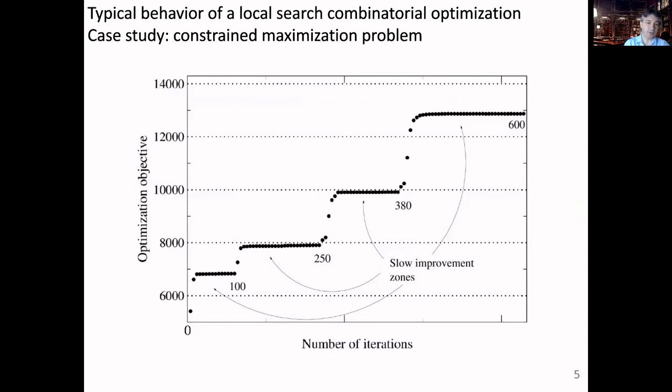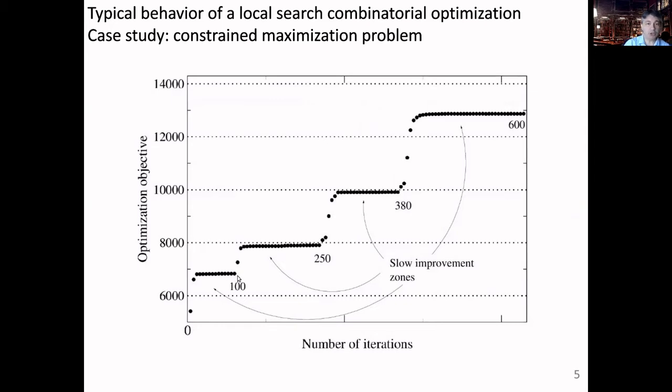A typical behavior of a local search that is applied by iteration is to start from some random guess, and then we don't know exactly what the quality of the objective is. Then we apply several steps of this iterative local search. We improve the objective, and then we enter into the area of slow improvement. So we actually improve the solution, but not by a lot. And then at some point, we get stuck in some local minimum.